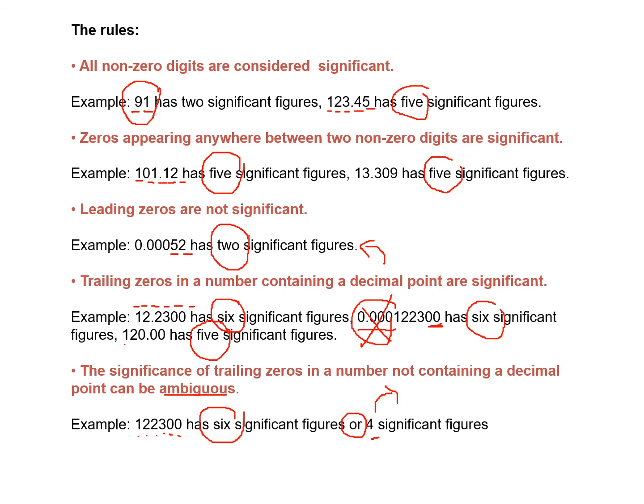In scientific notation, when you have trailing zeros, the decimal point should be at the last part. So you can consider 1, 2, 3, 4, 5. So we can write this value in scientific notation.